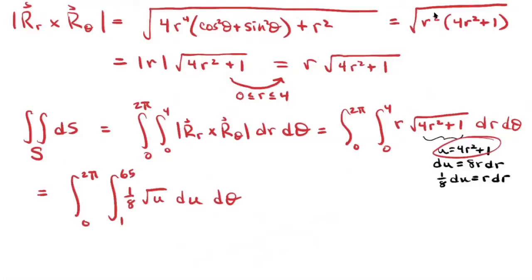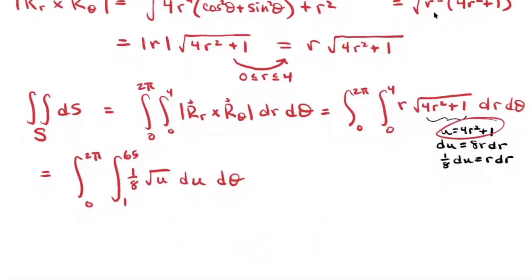Okay, 1 to 65. Maybe just to show you, you really could just make this two integrals, 0 to 2 pi d theta, because the limits are constant, and then you've got the u to the half from 1 to 65.